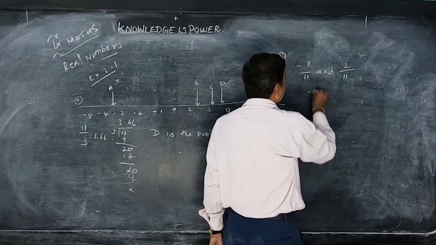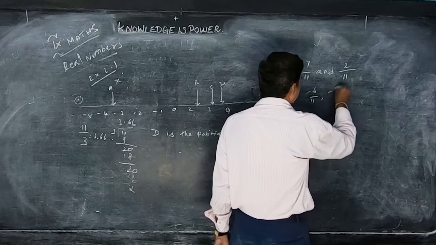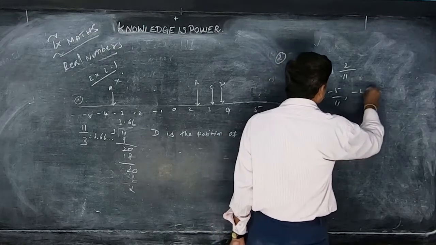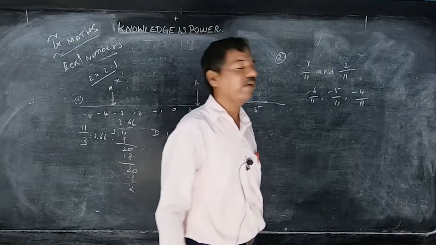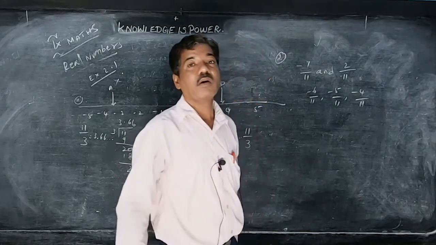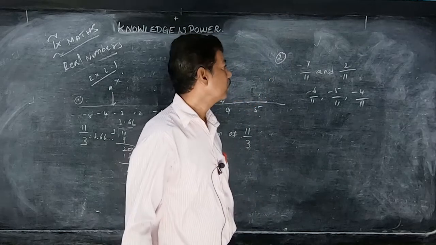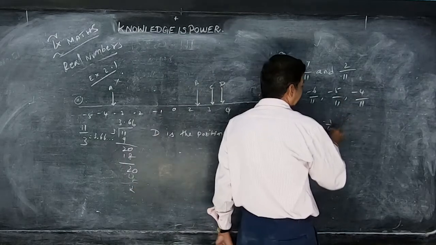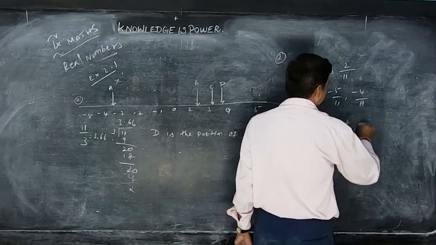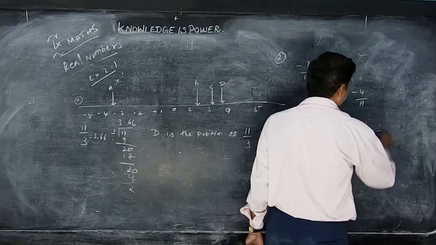Okay, we can write -6 by 11, -5 by 11, -4 by 11, -3 by 11, -2 by 11, -1 by 11, and up to 1 by 11. We have a lot of numbers: -3 by 11, -2 by 11, -1 by 11 and 1 by 11.